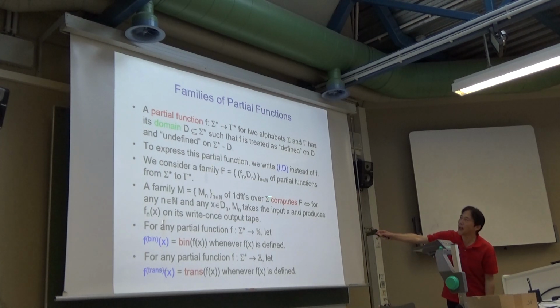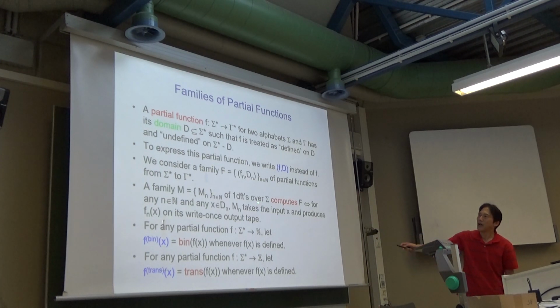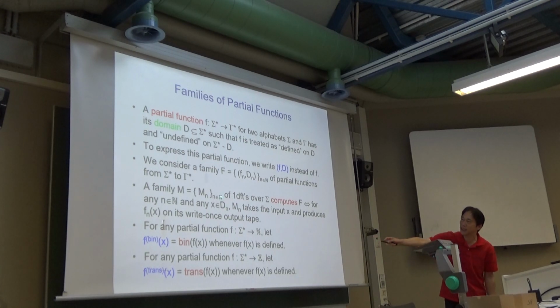Now we consider a family of partial functions. A given family of one-way deterministic finite transducers computes this family of partial functions if, on the domain D sub n, the nth machine M sub n takes in x and produces exactly this string on the output tape.